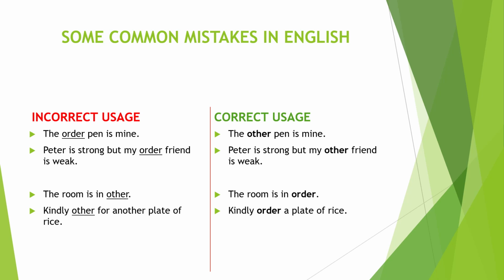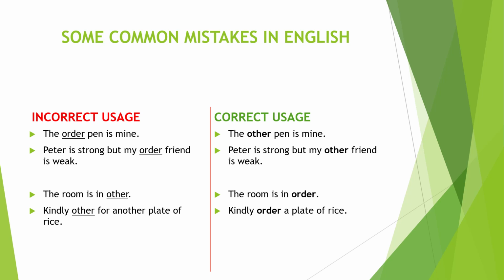When you ask the person to write what he or she has said, then the person will give you the right word, which is other. And so you realize the challenge with some people might be with the pronunciation, but they actually know what to write. So the word here is other, which is the other pen is mine.